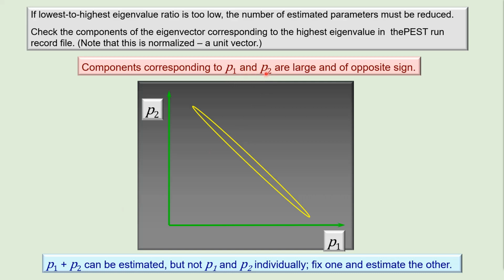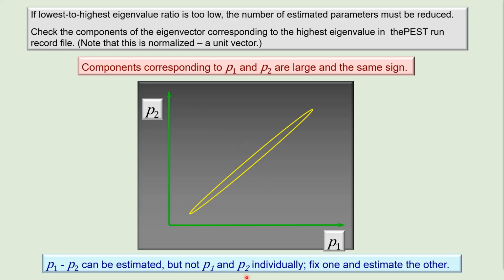Suppose they dominate the eigenvector corresponding to the lowest eigenvalue, and suppose that they are of opposite sign. Then this is what we've got: P1 plus P2 can be estimated, but not P1 and P2 individually. We know we've got to fix one and estimate the other if we're going to formulate a well-posed inverse problem.